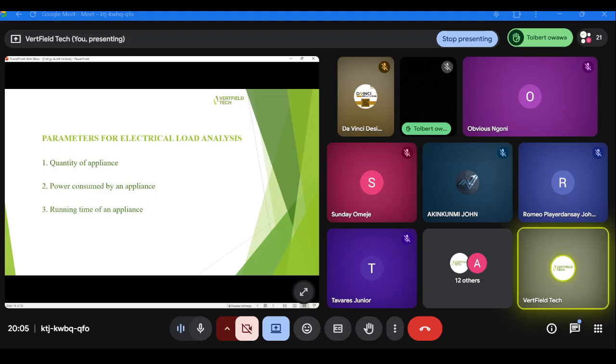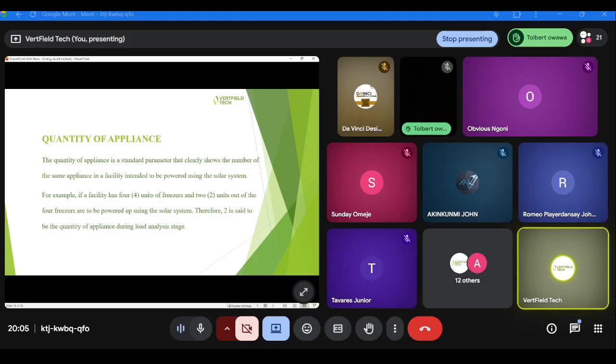All right. Okay. So quantity of appliance clearly shows you the actual number of the same appliances that the client intends to power up using the solar system. If our client Mr. Junior lives in a 3 bedroom apartment and has a television in each of those rooms and he wants to power 2 TVs out of the 3, on our table of load analysis, under quantity of appliance, we are going to put 2 for television.